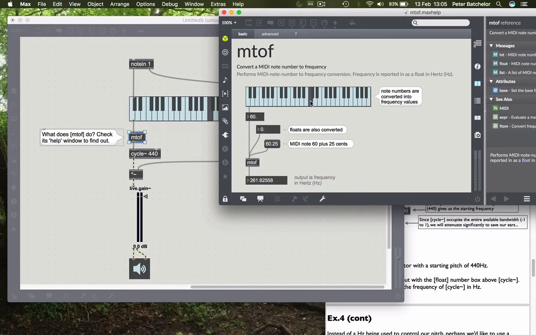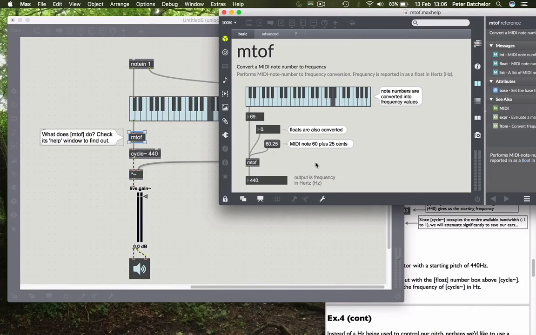So when I hit the key C on here, I get the note number 60, and mtof then spits out the frequency of 261.6258 Hertz. If I hit the note A up here, then notice we have a key number of 69, but that has been converted to a frequency of 440. So we're getting the appropriate frequency for the object.